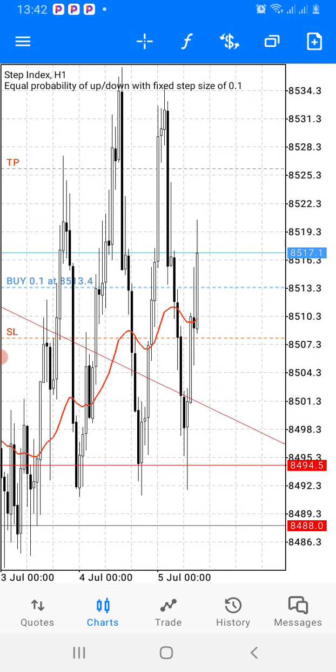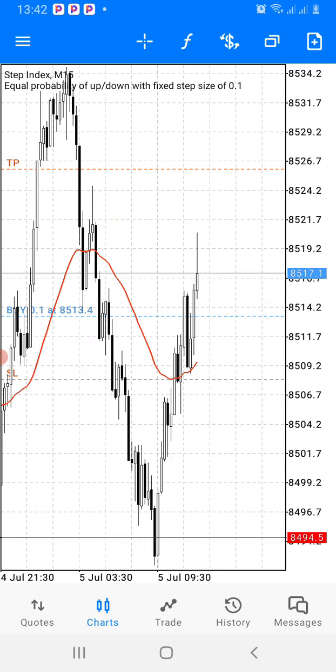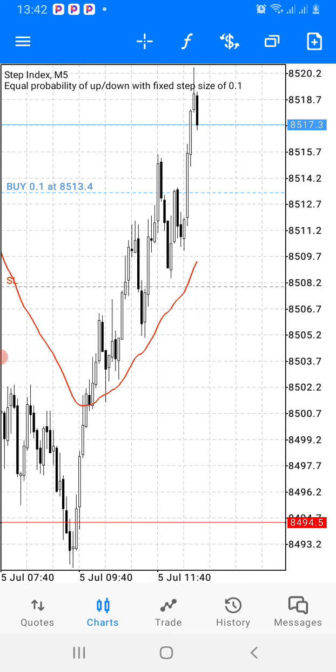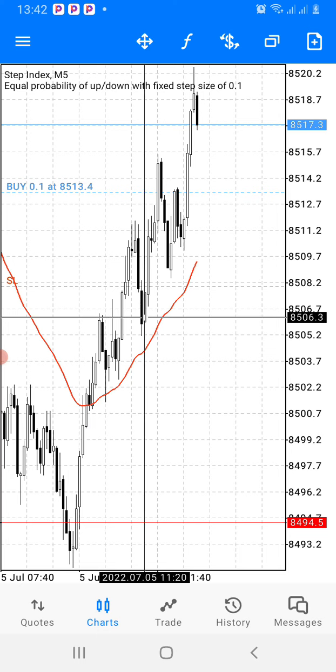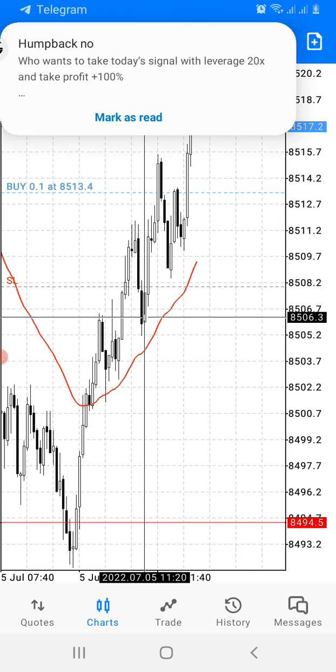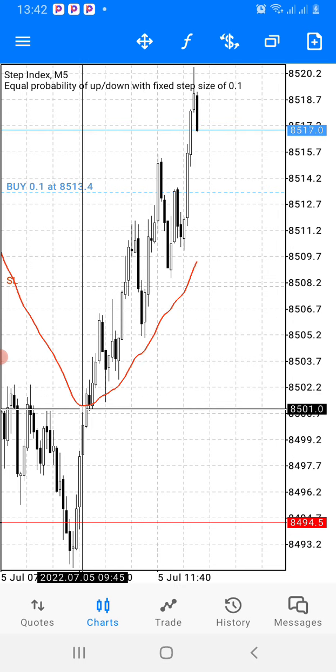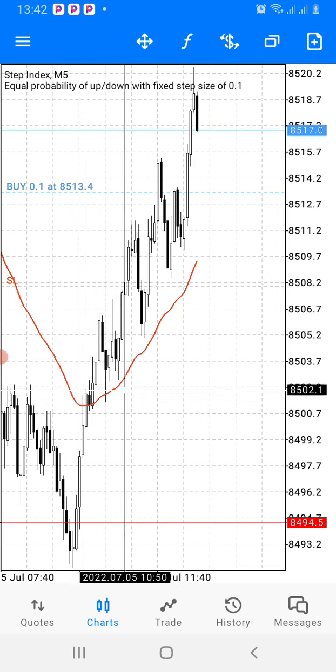So when you get something like this, you just go down to 15 minutes and look for an entry, or you go down to 5 minutes and look for an entry. You see these guys. With this 40 moving average, it's going to tell you when the price is actually trying to go up or trying to come down.